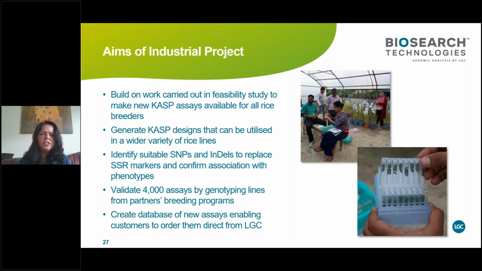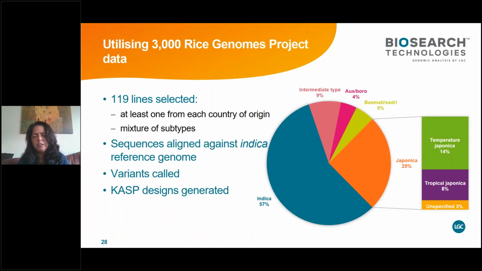So to increase the relevance of the sequencing data and of the markers that were identified, we took the sequencing data from the feasibility study and compared it to the Rice 3000 Genomes Project, which was developed by IRRI.